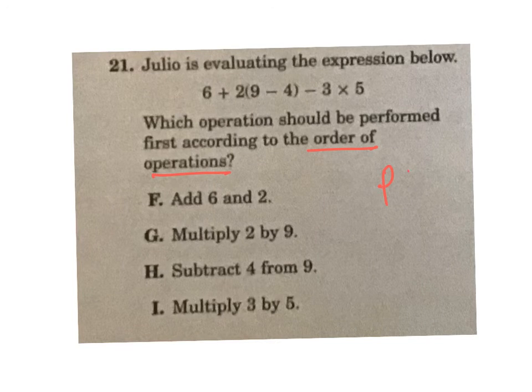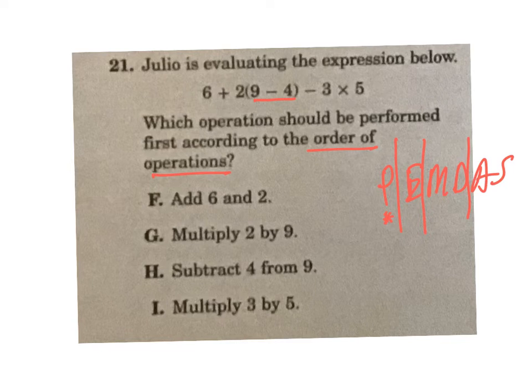Now remember that parentheses is first, exponents is second, then all of your multiplication, and then all of your addition, subtraction. So parentheses is first. And I look at this and I see I have 9 minus 4 in parentheses.